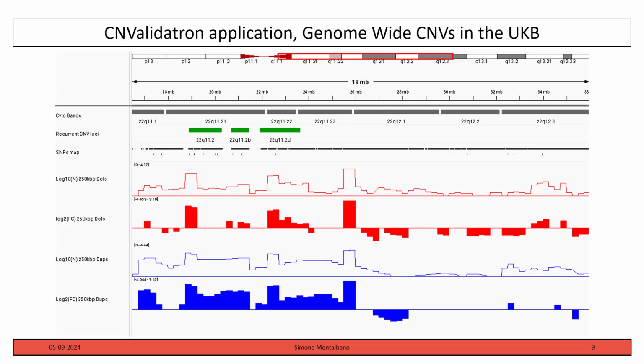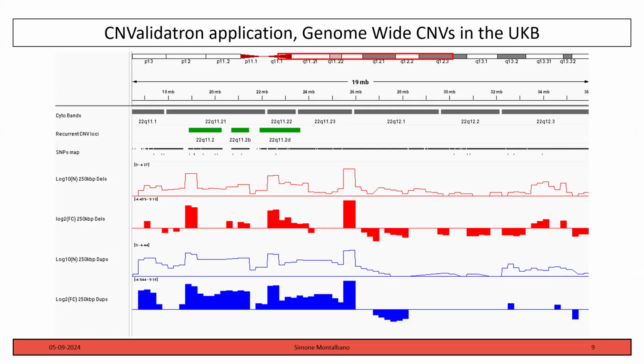We can already see a lot of things from here. There are some places where you have way more deletions or duplications than expected, and some places where you have fewer. Of course, you can start to ponder why. Is there some recurrence, some segregating element, or are there some protected genes? Even more, you can ponder what's going on here: that region is protected against deletion, but not against duplication.